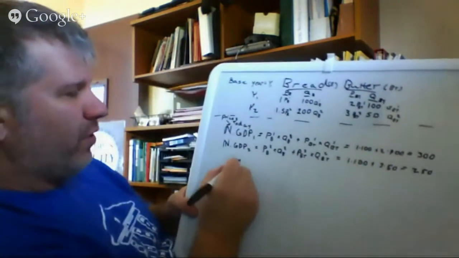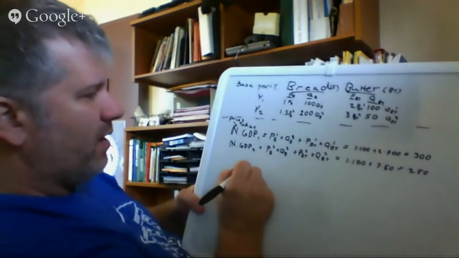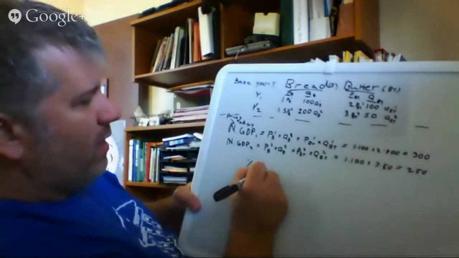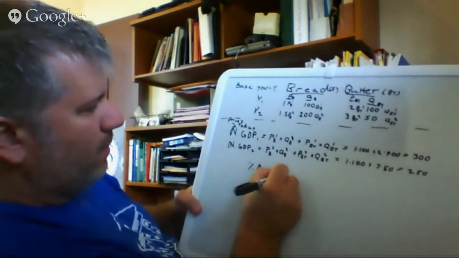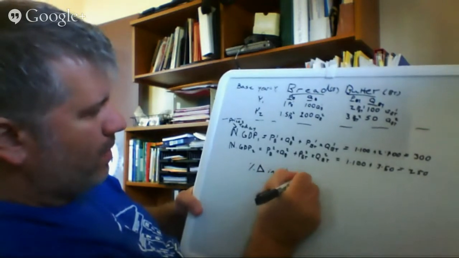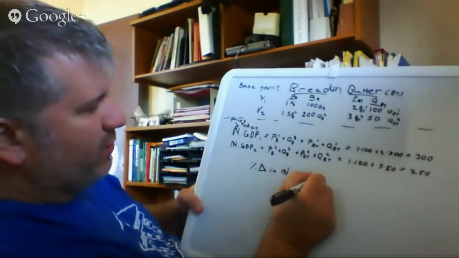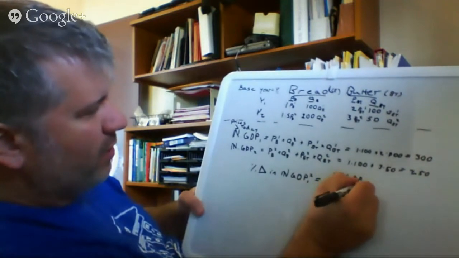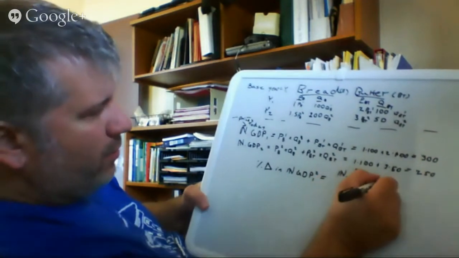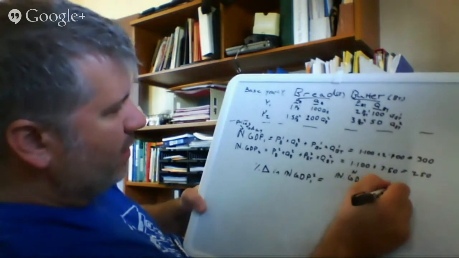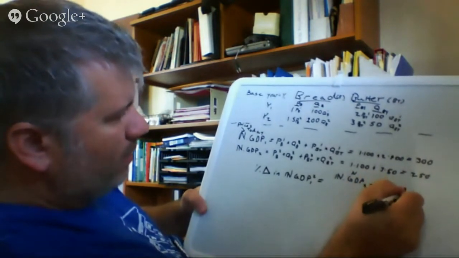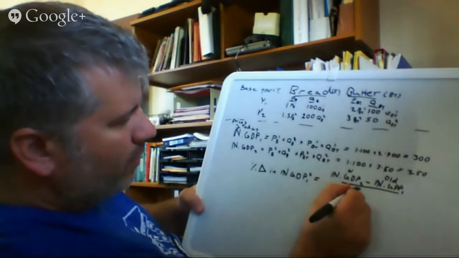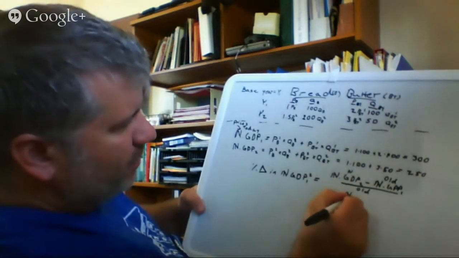Percentage change is a simple formula, so we just say the percentage change, I use delta for change, in nominal GDP, year 1 to 2 is equal to the newest year's GDP, so GDP in year 2, minus the old GDP, or nominal GDP year 1, divided by, so new minus old over old, the old nominal GDP in year 1.